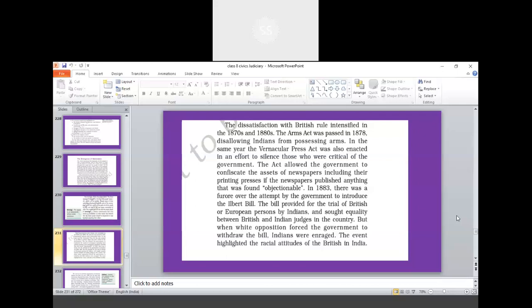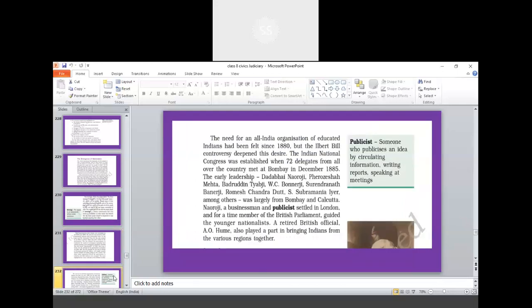They said that no Indian judge can punish a European person. Means no Indian judge can punish a British citizen. Means if a British citizen is involved in any crime in India during the British period, he cannot be punished by an Indian judge. This bill is known as the Ilbert Bill.